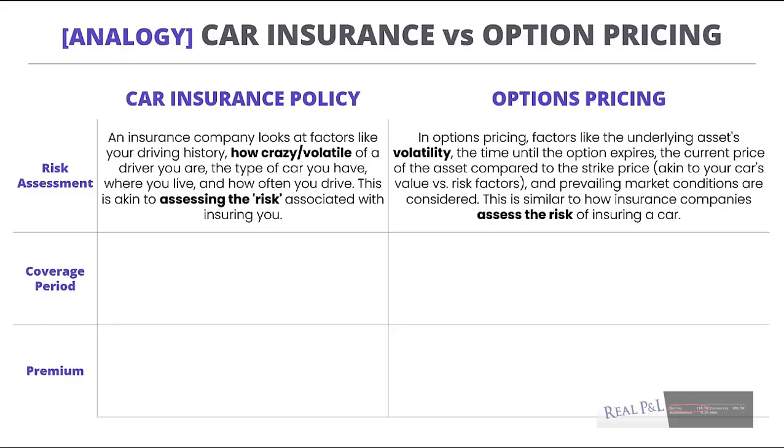With options pricing, factors like the underlying asset's volatility, the time until the option expires, the current price of the asset compared to the strike price, akin to your car's value versus risk factors, and prevailing market conditions are considered. This is similar to how insurance companies assess risk of insuring a car.